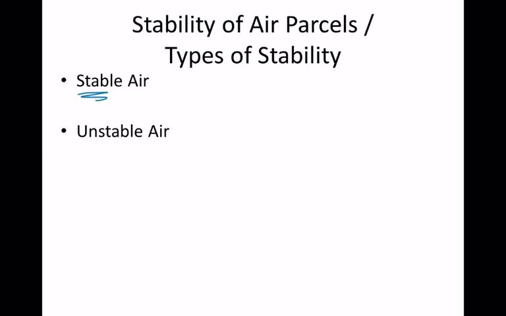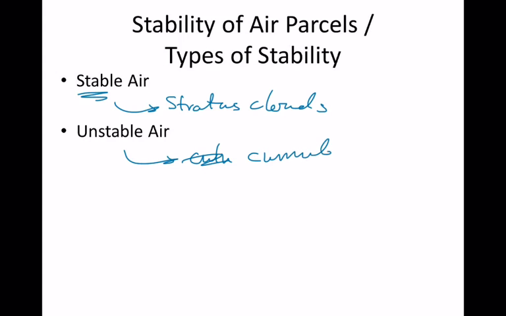The types of clouds that form in stable air basically are your flat ones. They're like your stratus clouds. And unstable air will give you your fluffy ones. That's your cumulus clouds. These are fluffy. And these are flat.